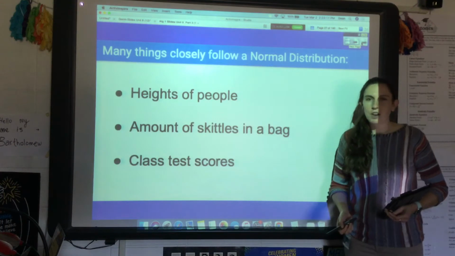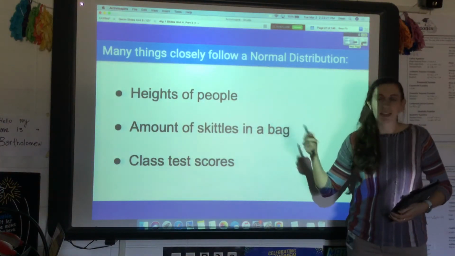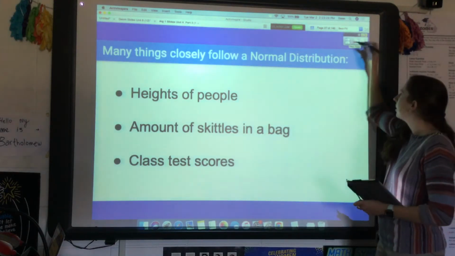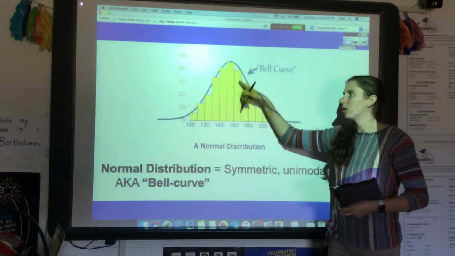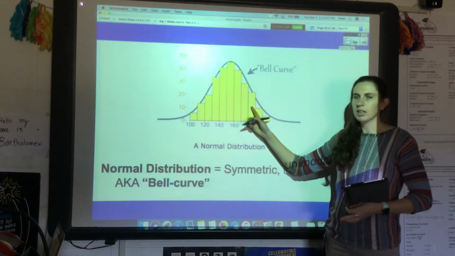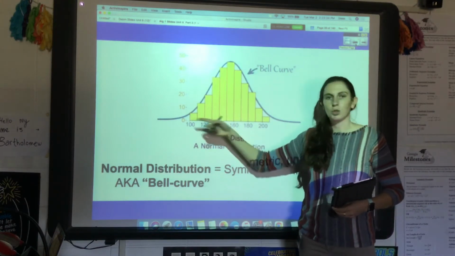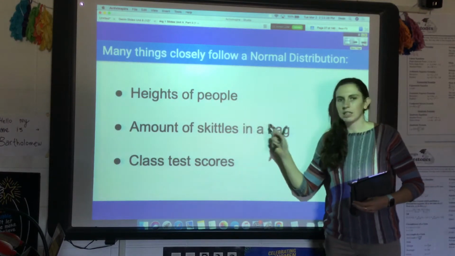Many things follow a normal distribution. Many things, when you graph the data, look like that. For example, people's heights. Most people are going to be just kind of average right here. So that's the most people. But a few are a little taller, and a couple are really tall. And same thing on the short end as well. Or, for example, the amount of Skittles in a bag.